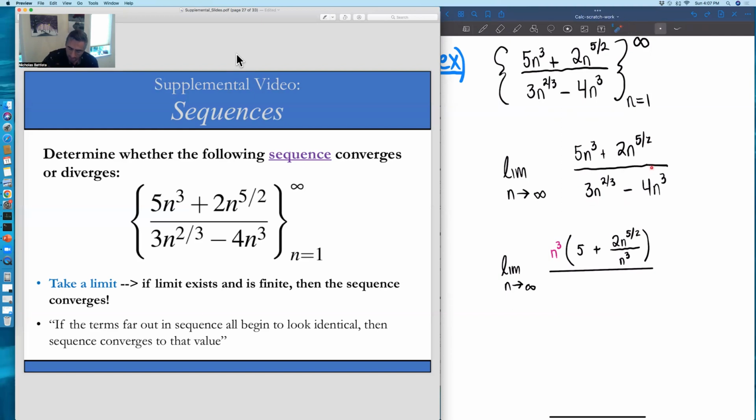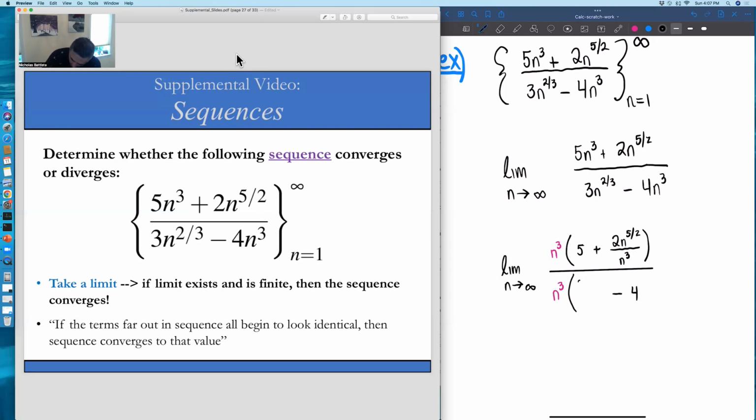Looking at the denominator, the larger n power term is the 4n cubed. So again, we can factor an n cubed from both terms in the denominator. If we go ahead and do that, that second term just becomes a minus 4.